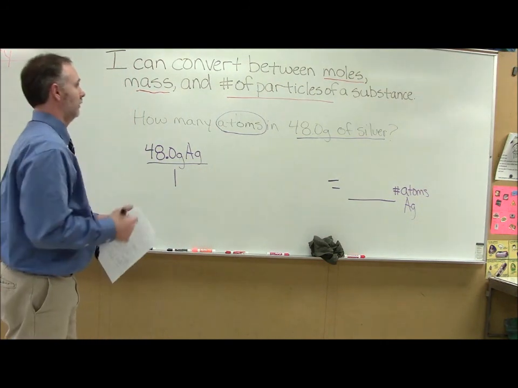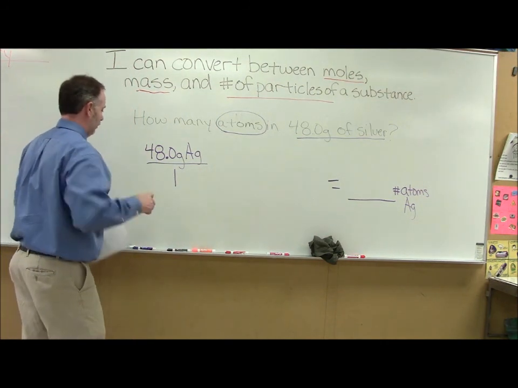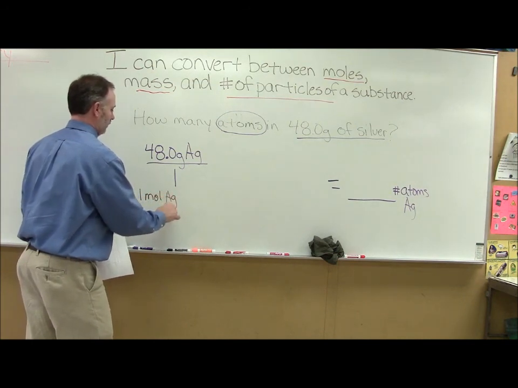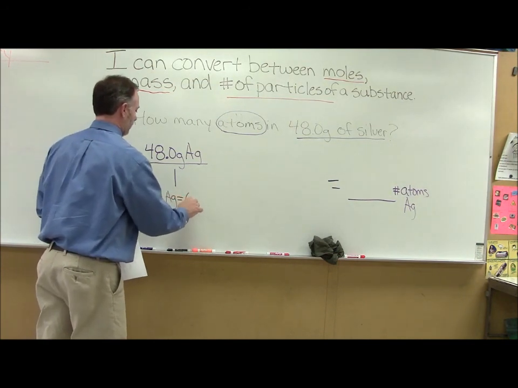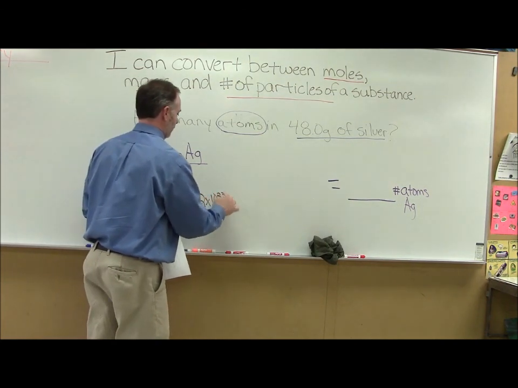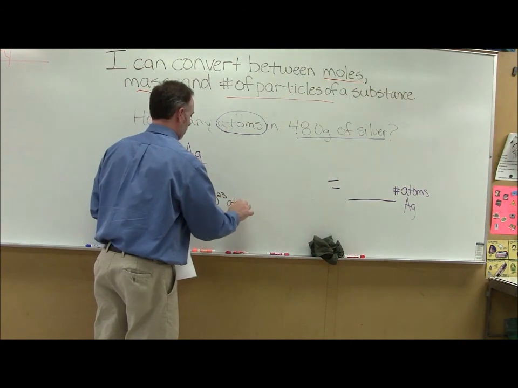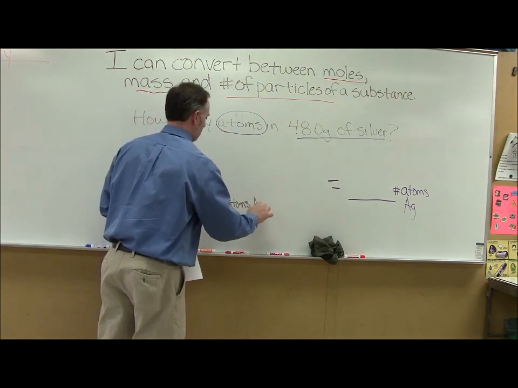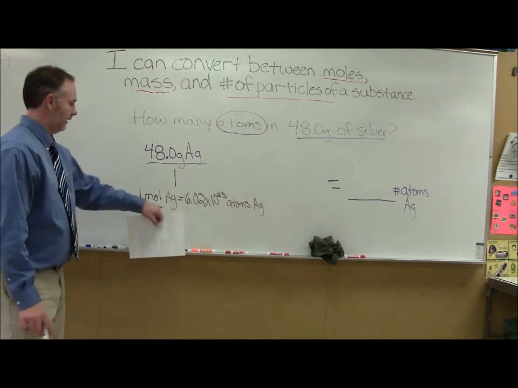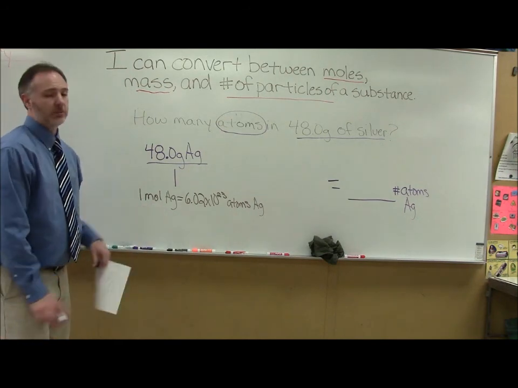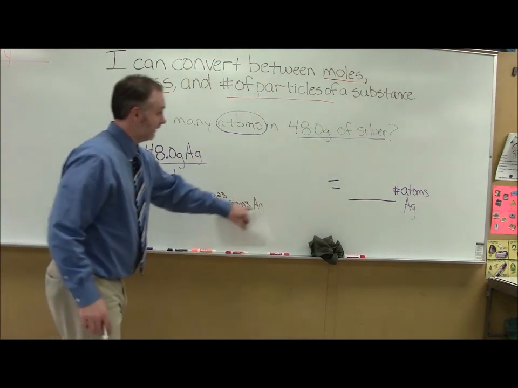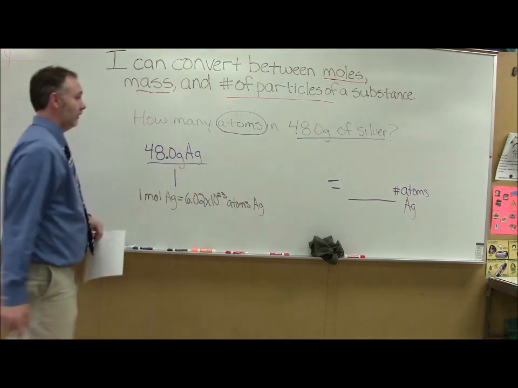I know 1 mole of silver is the same thing as 6.02 times 10 to the 23rd atoms. Silver is an element, so its representative particle is the atom. This is good. That's what we want to get to.